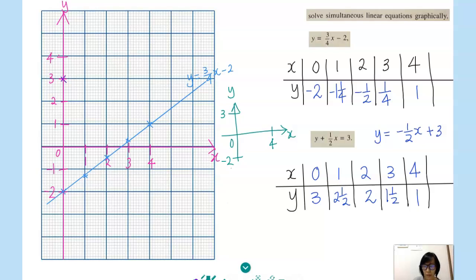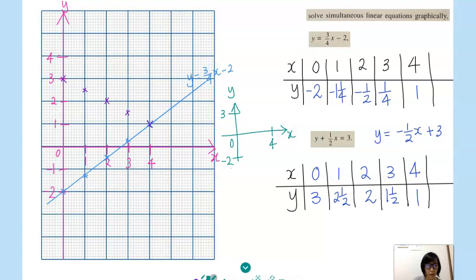And the next point is 1 and 2.5. Then 2 and 2, which is over here. 3 and 1.5, we have it here. Okay, and 4, 1, right on here.